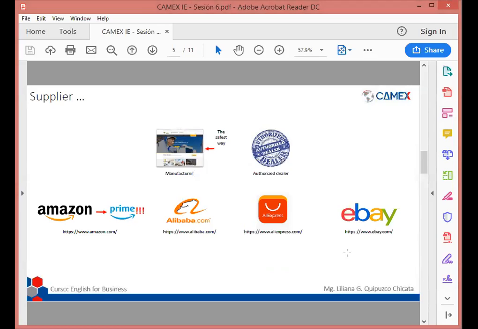Now, the good quality about AliExpress is that they let the supplier extend the warranty.